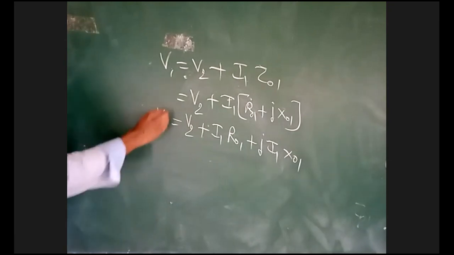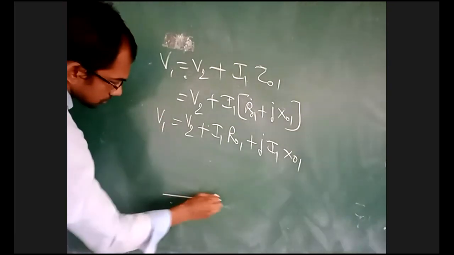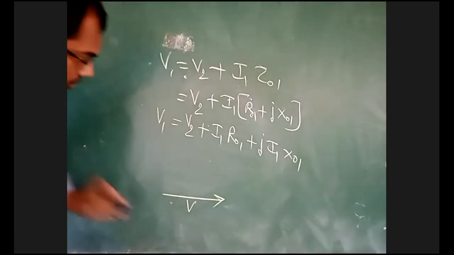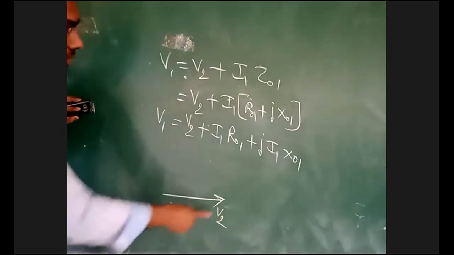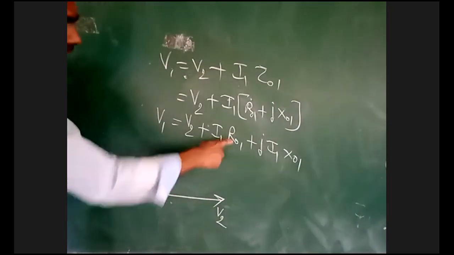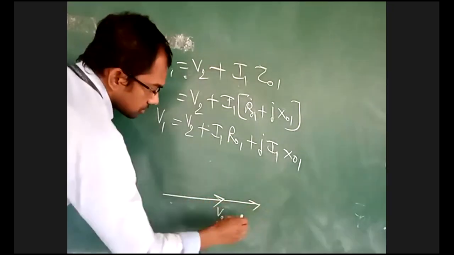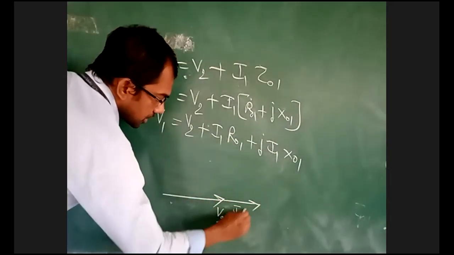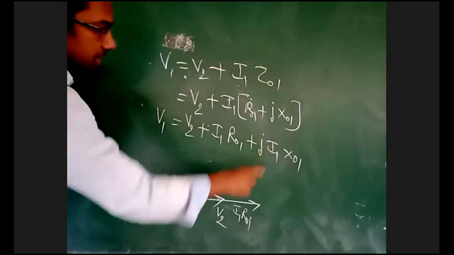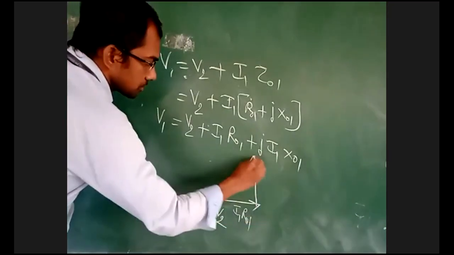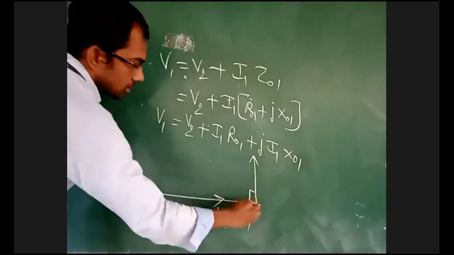I am drawing V2, this one, plus I1 into R01, and then plus J, which means 90 degrees.